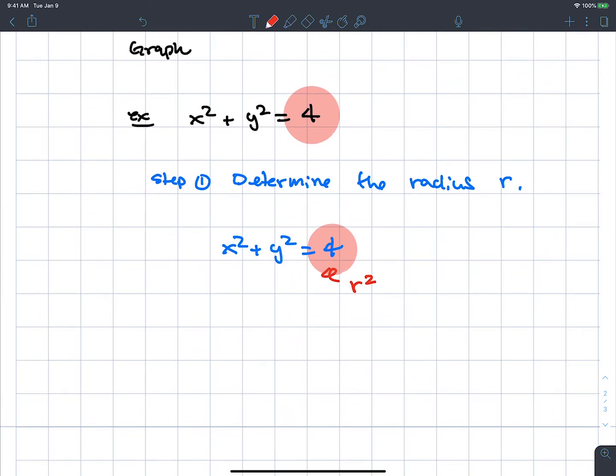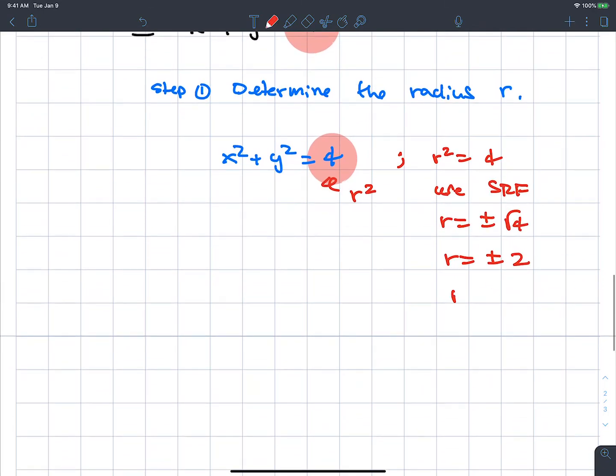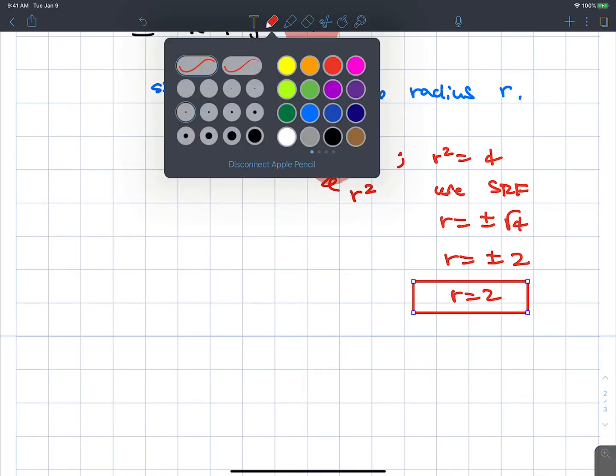And if r squared is 4, you're going to use the square root formula to find r. So r will be plus or minus square root of 4, or r is plus or minus 2. Remember, your radius must be positive. So that means this circle has a radius of 2. So you found the radius here. And that's your first step.